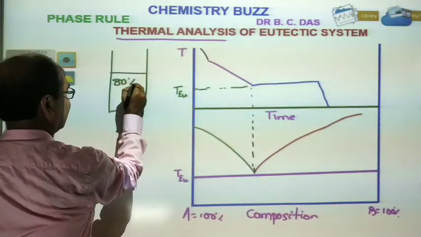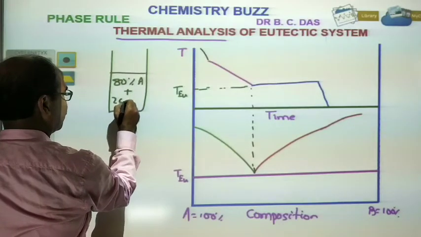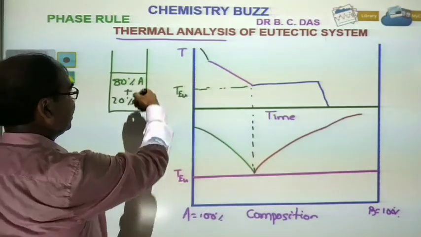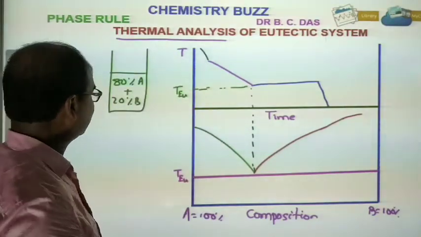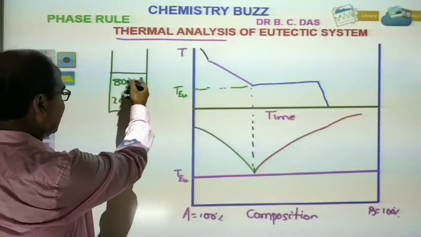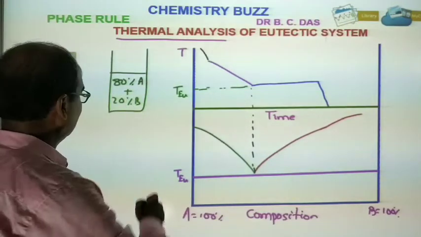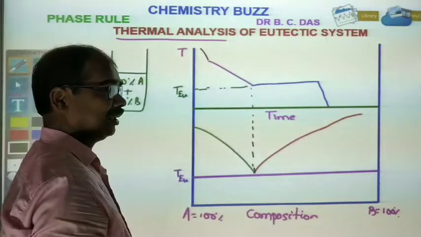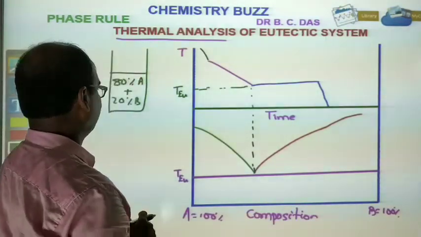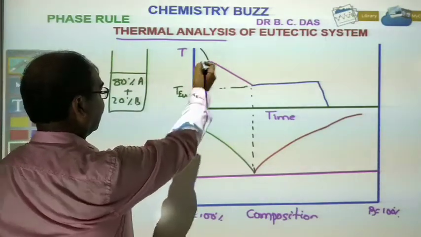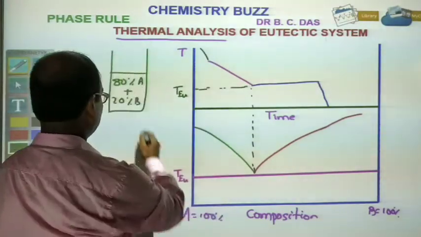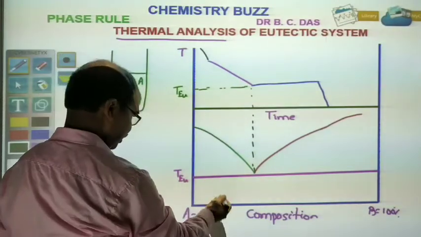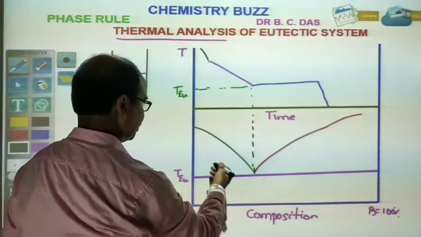Okay, so let us consider a container having 80% A plus 20% B, and it is heated to a very high temperature so that both are in a liquid phase and homogeneous. So at a high temperature they melt and dissolve, and when it is cooled, the first cooling will appear as you are plotting here the percent composition.